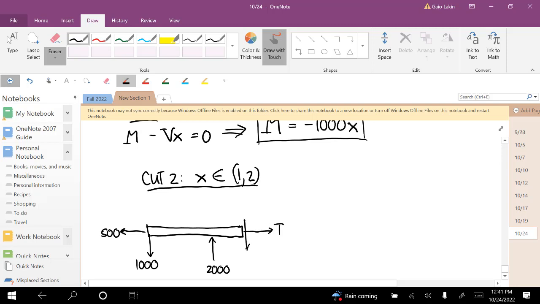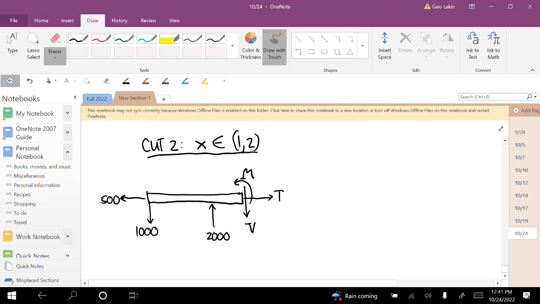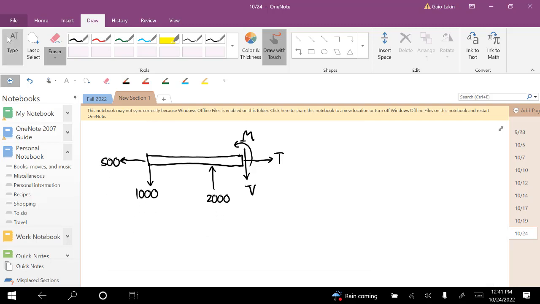And then T, V, and M. The distances: this distance is 1 meter, and this distance is x.